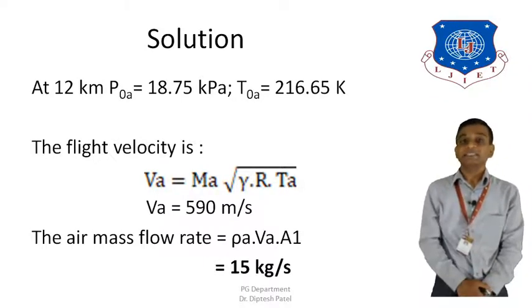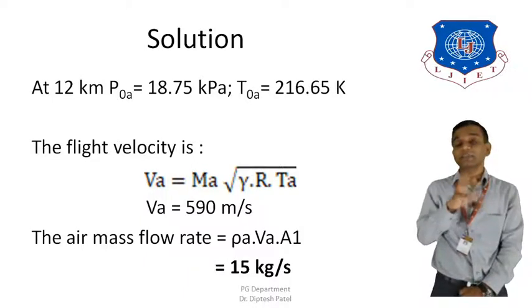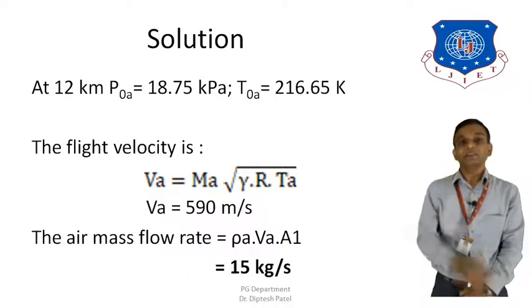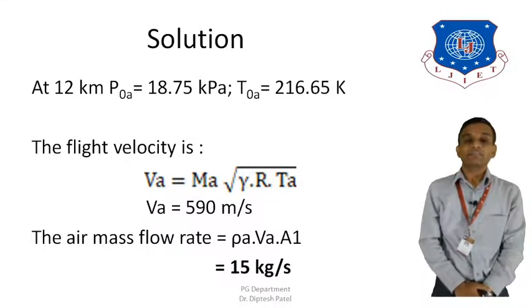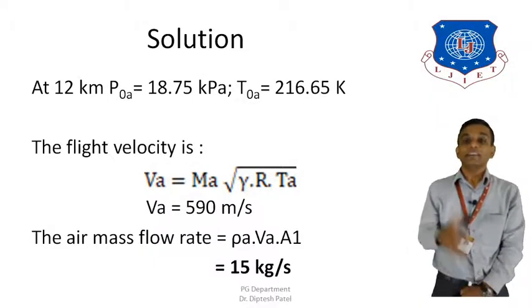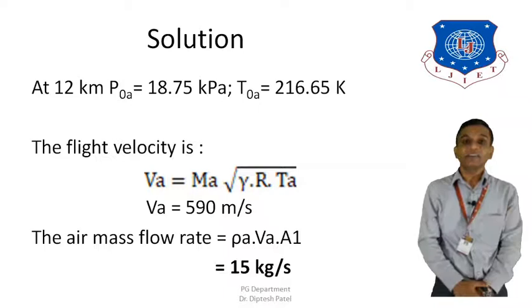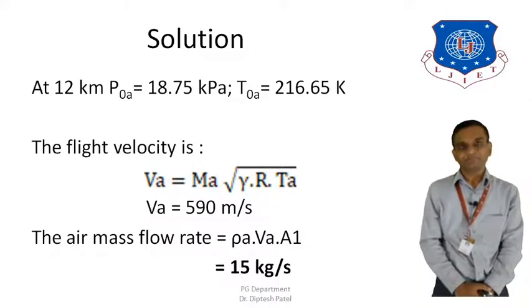Furthermore, since it is a diffuser, we are going to have the maximum pressure buildup in the diffuser. So let's say POA, the pressure of inlet air, is 18.75 kilopascal, and the temperature of the inlet air, TOA, is 216.65 Kelvin.